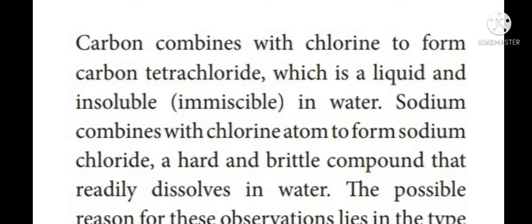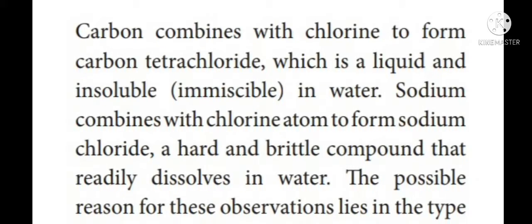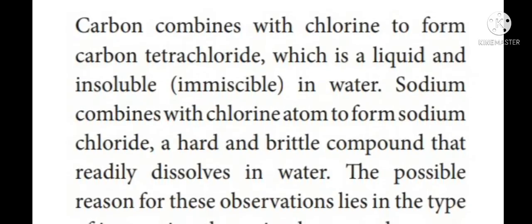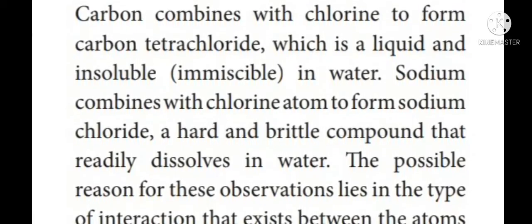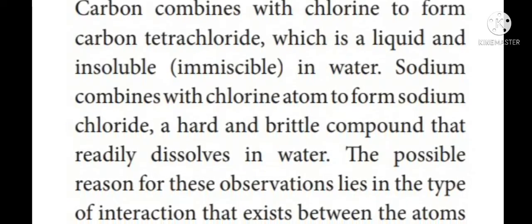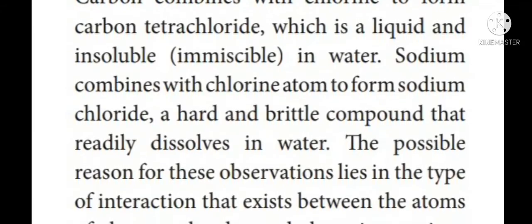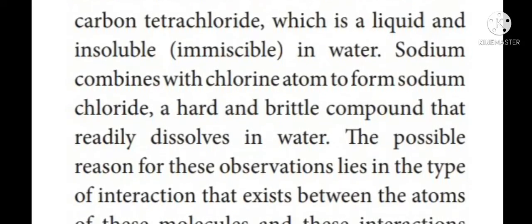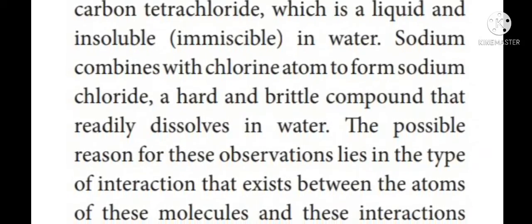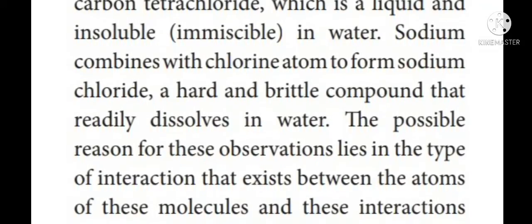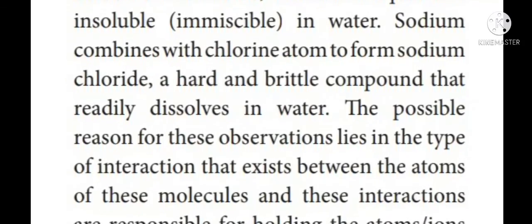Carbon combines with chlorine to form carbon tetrachloride, CCl4, which is a liquid and insoluble in water. Sodium combines with chlorine to form sodium chloride, which is a hard and brittle compound, and it is readily dissolved in water.